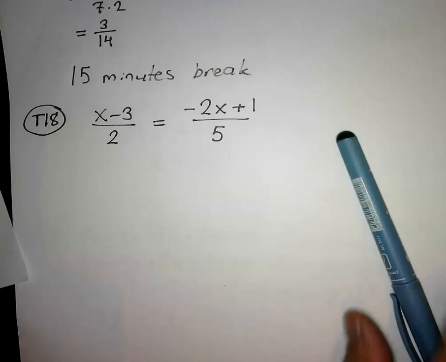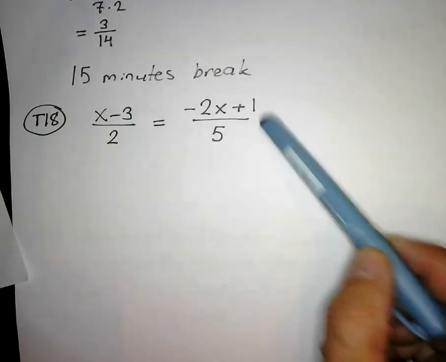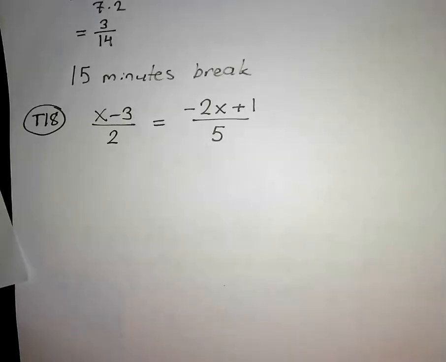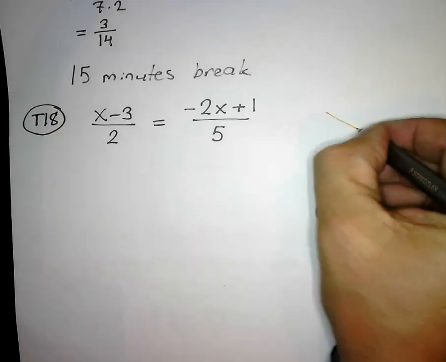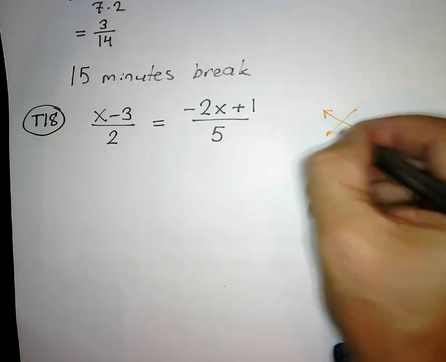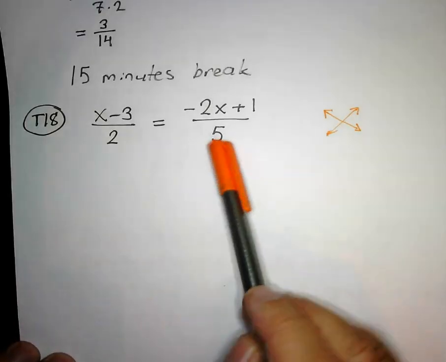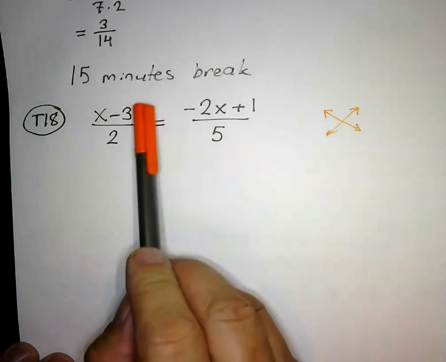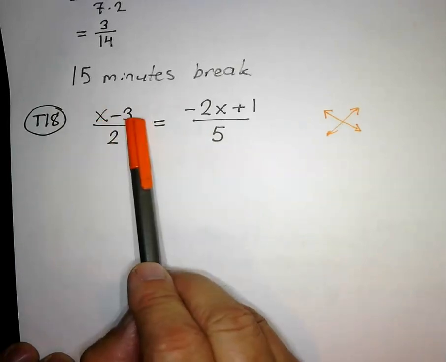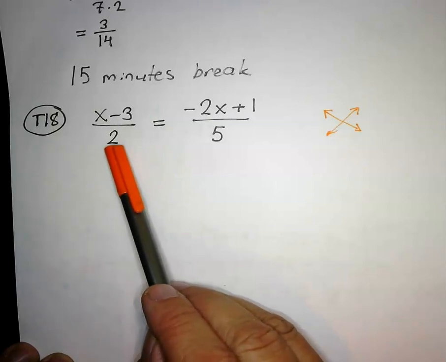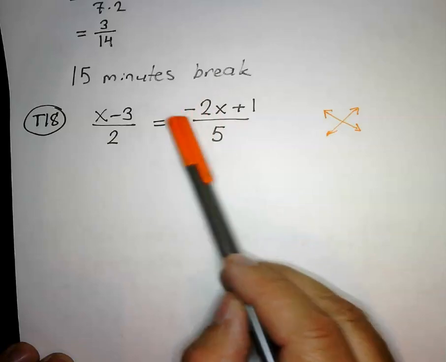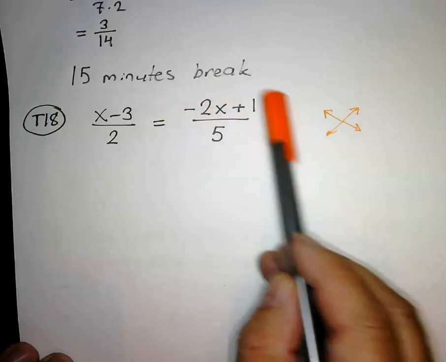If you have fractions on both sides in an equation, the easiest way to solve this is by cross multiplication. So I will use this kind of sign to show that you may multiply this 5 with this x minus 3, and you may multiply this 2 with this minus 2x plus 1.